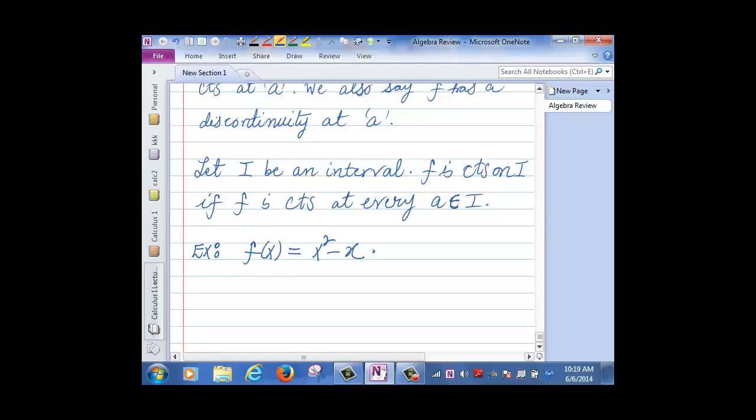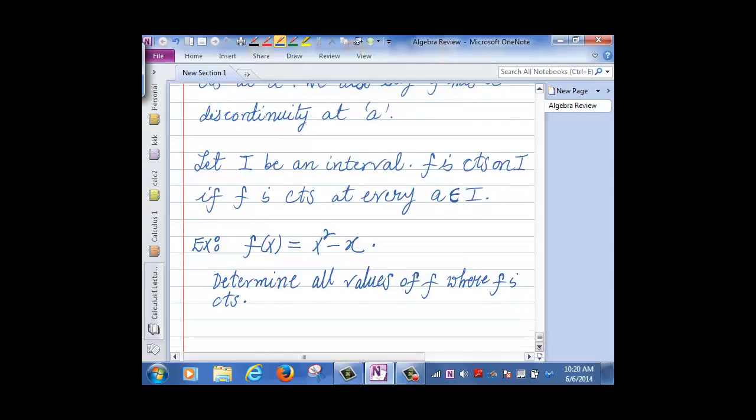Find all values of x where f is continuous. Well, let's see.